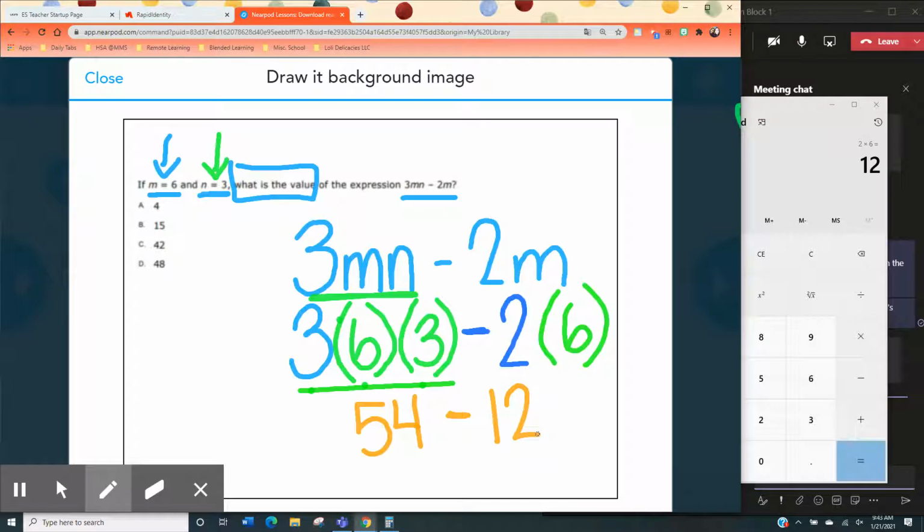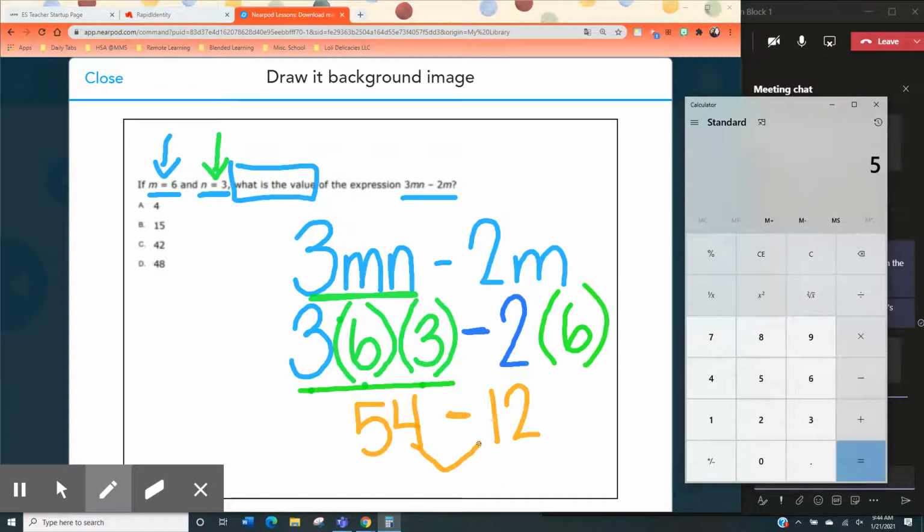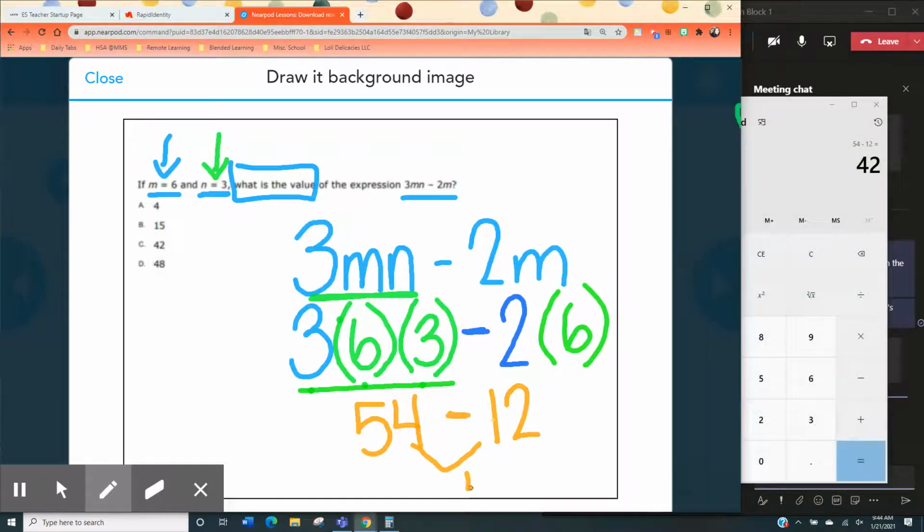Notice that because I replaced both the m and the n, I don't have any variables on the bottom. It's just numbers. So my last step is working that out. 54 minus 12 equals 42 as my answer.